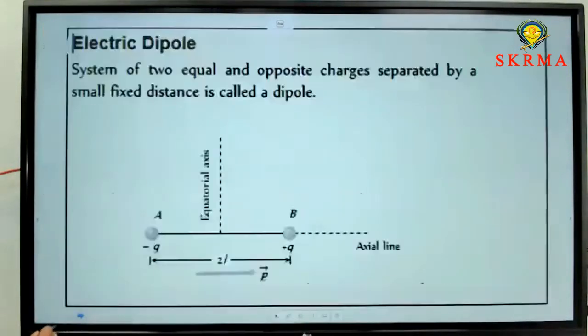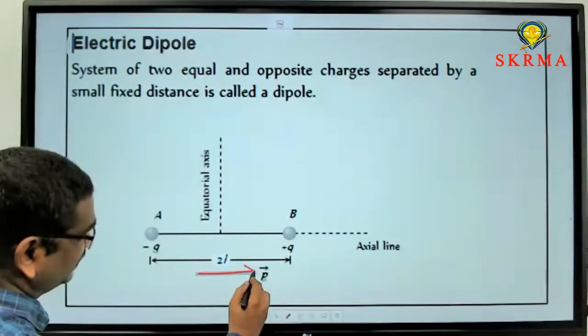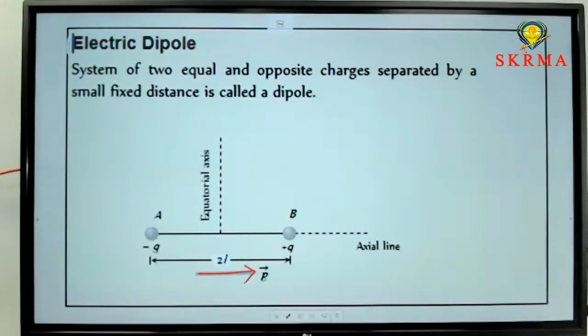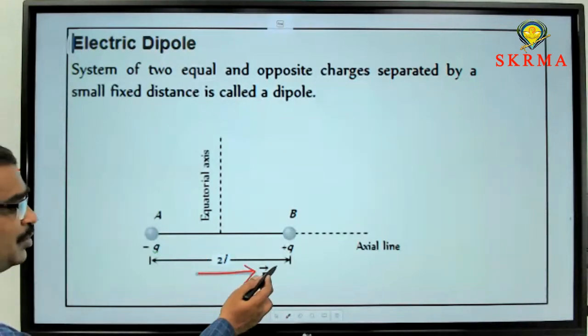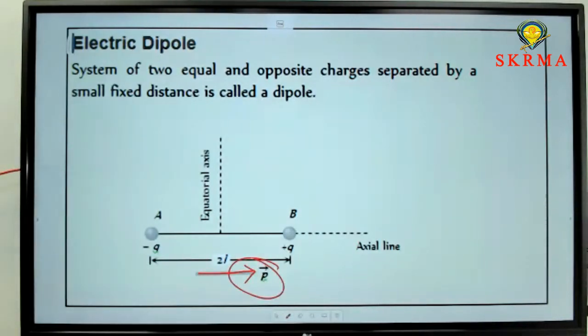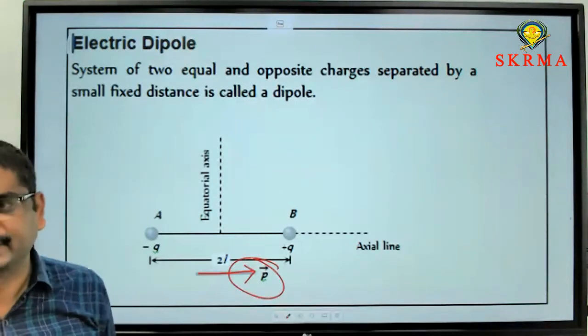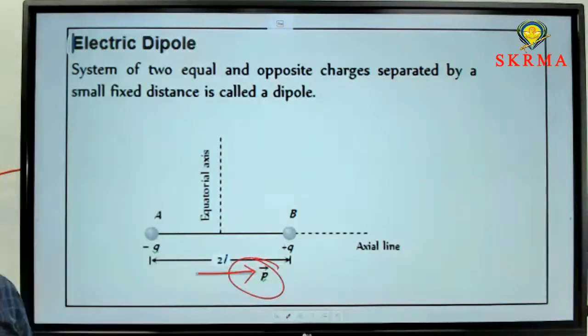In this diagram, this is the dipole moment direction. It is directed from the negative to the positive charge. So the direction of dipole moment is from negative to positive charge.